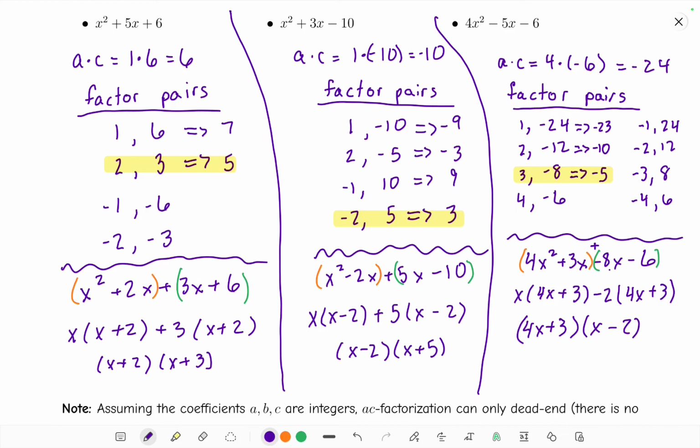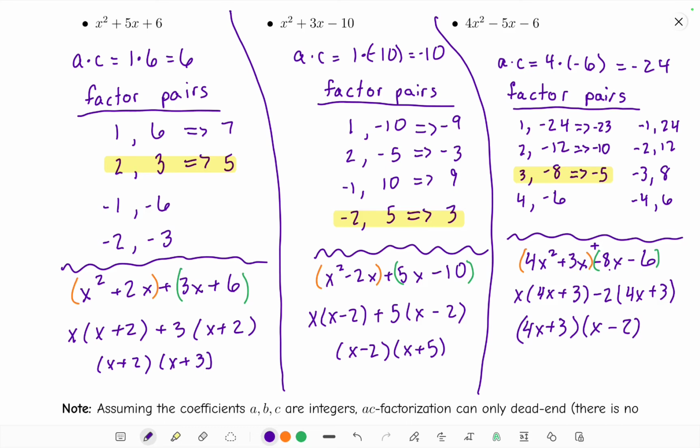So if the leading coefficient is a 1, you can kind of skip the grouping part and skip straight to the answer. But if the leading coefficient is not a 1, as you can see, this did not factor into x plus 3 times x minus 8. We got something totally different. So you have to go through the entire grouping process to get the final answer.